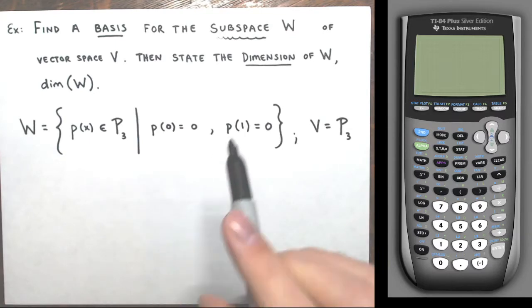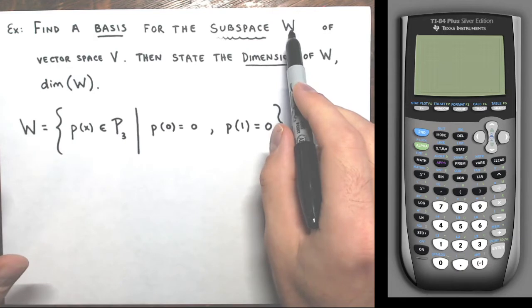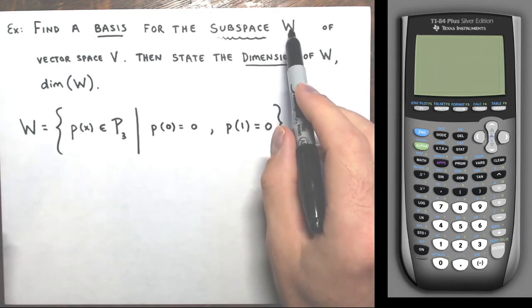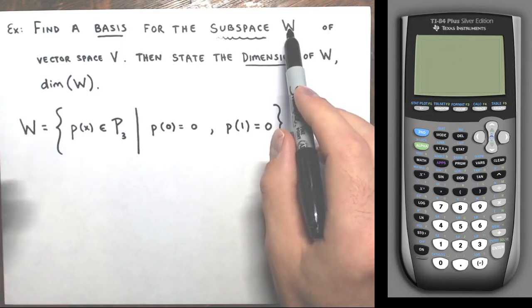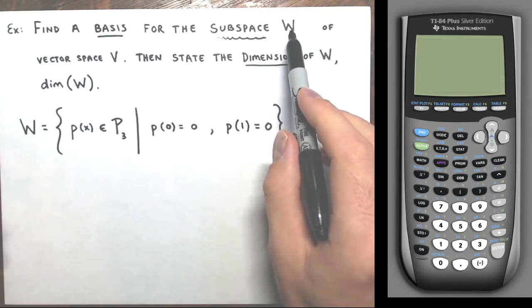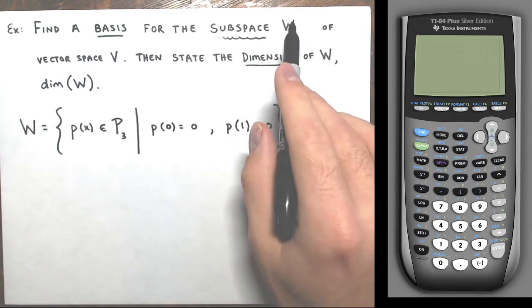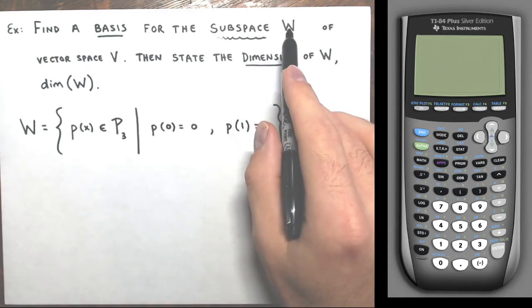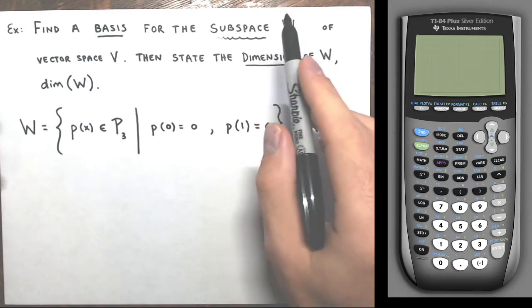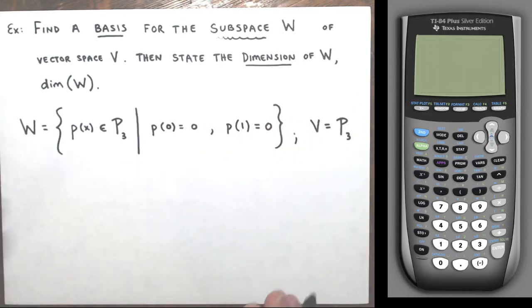In fact, recall that to show that a set was a subspace of a vector space, because they're elements of the vector space, 8 of those axioms will automatically hold, inherited from the vector space. You only need to show that it's non-empty and closed under vector addition and closed under scalar multiplication. But we're not doing that here. We are told that W is a subspace.